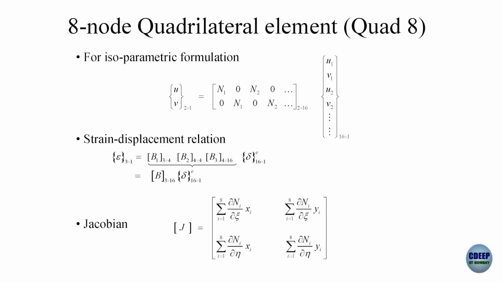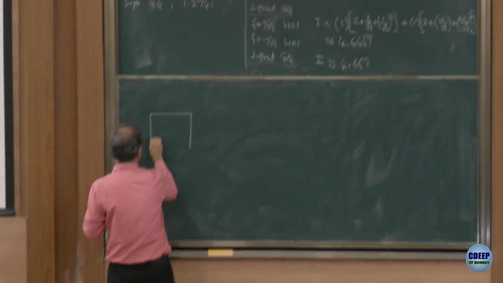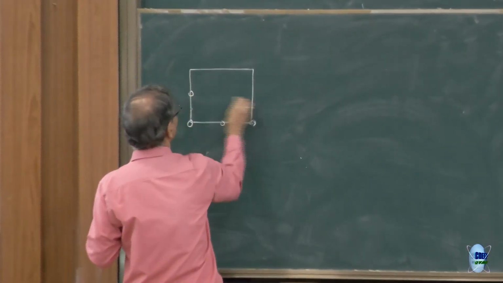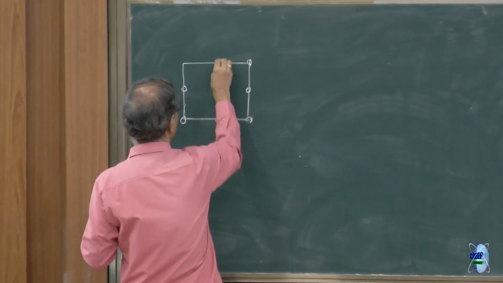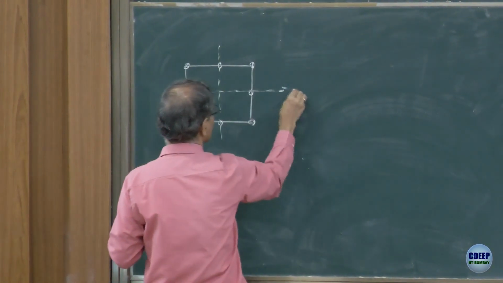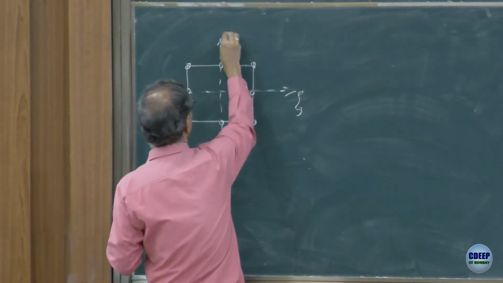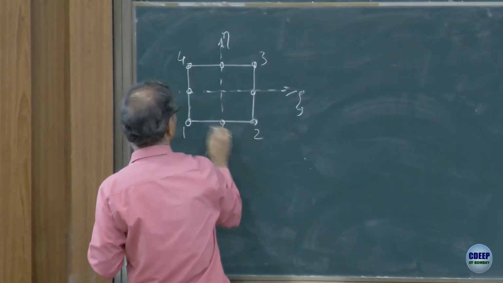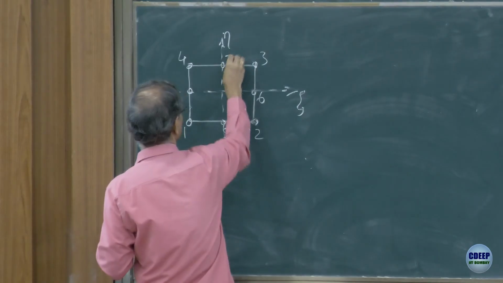So for isoparametric formulation, now you have 8 nodes. The element is still the same square, -1 to 1. So 1, 2, 3, 4, 5, 6, 7, 8.